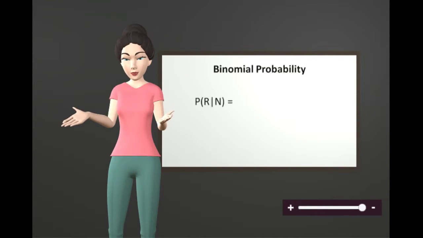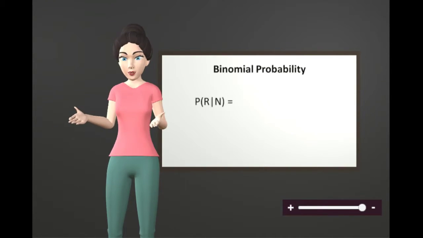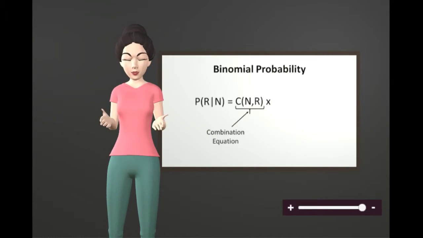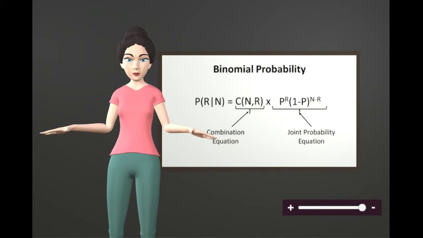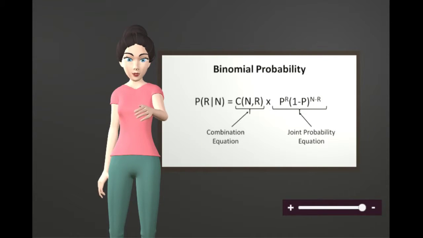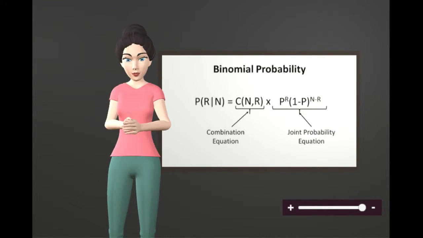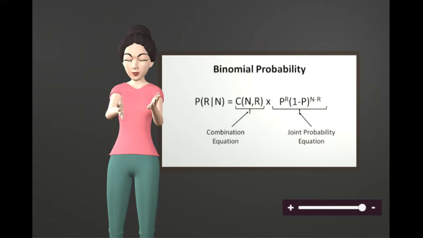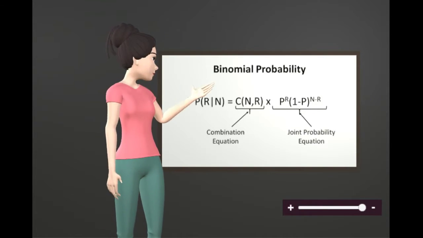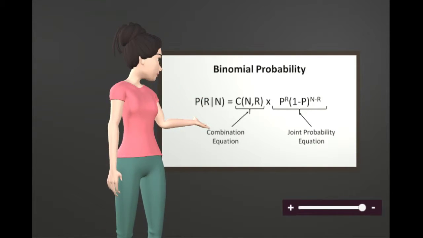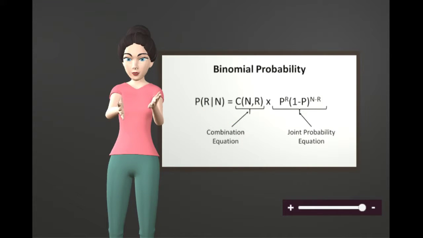You can figure out the probability of getting r successes out of n trials by multiplying the number of combinations for a sequence that has r successes out of n trials by the joint probability of any one of those sequences. When you do this, you are finding the probability of r successes in n trials. So if you put all that together, you get the formula on the screen. This is what we call a binomial probability.